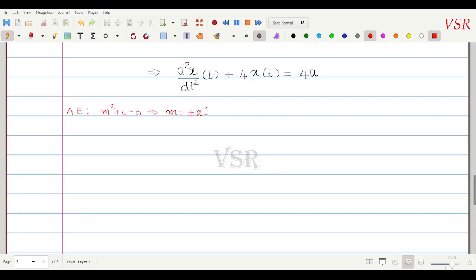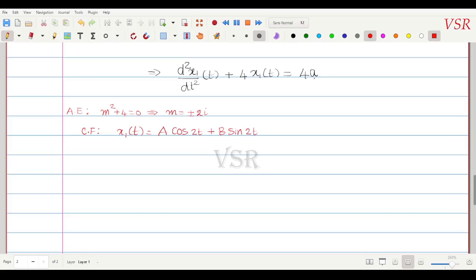Since it is plus or minus 2i, the complementary function is x1 of t equal to a cos 2t plus b sin 2t. This is the complementary function.